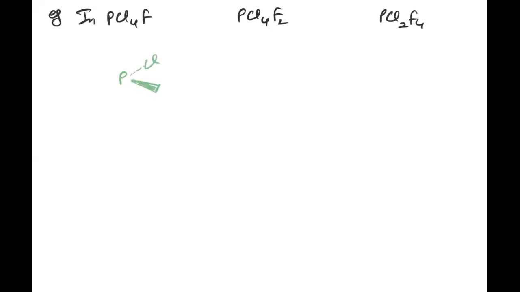This may be another chlorine atom here and another chlorine atom here. Fluorine should go to axial position and this may be another chlorine.